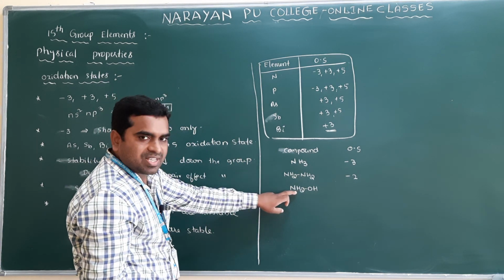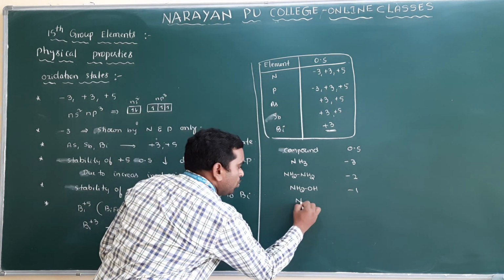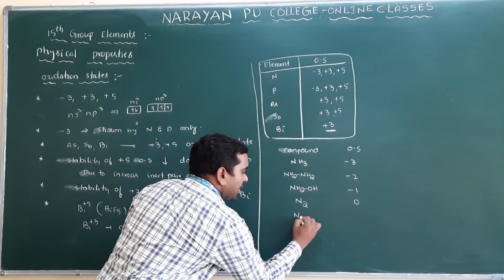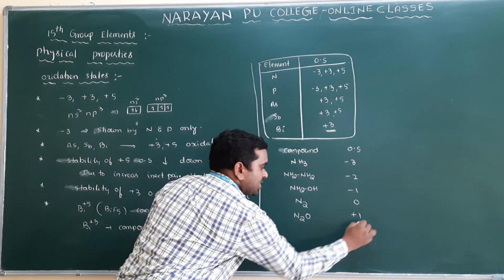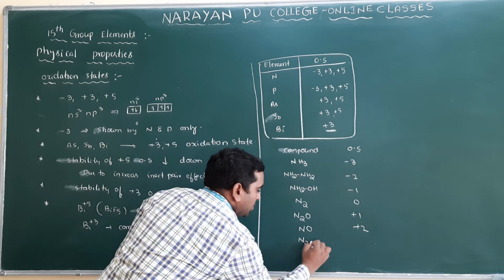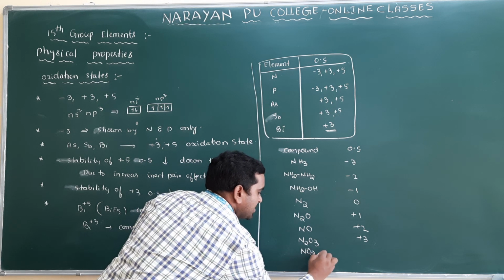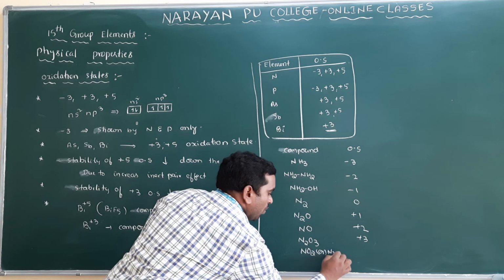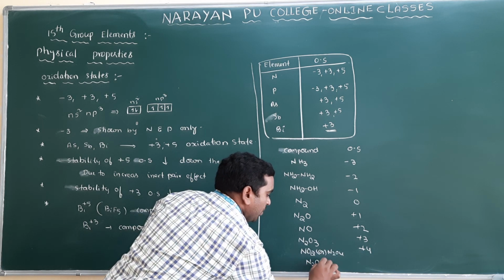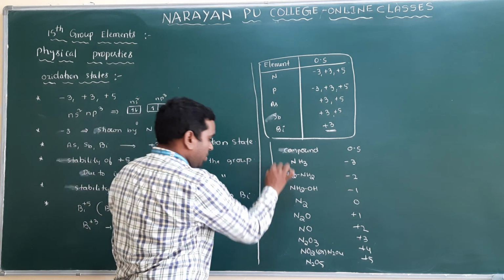Hydrazine and hydroxylamine: in these nitrogen is -1. And nitrogen elemental, N2, this is 0. N2O is +1, NO is +2, N2O3 is +3, NO2 or N2O4 is +4, and N2O5. What is the oxidation state here? +5. Clear?